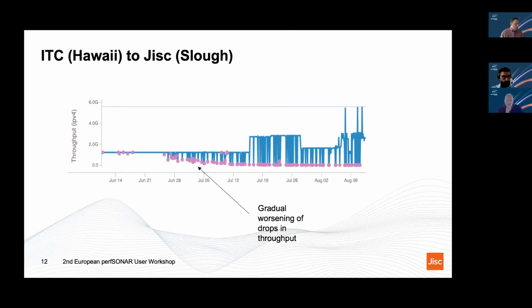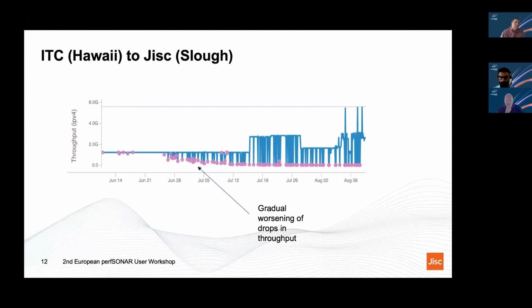So this graph shows more of the perfSONAR hosts, and what you can see over a longer time scale is that there's a gradual worsening of the drops in the throughput.